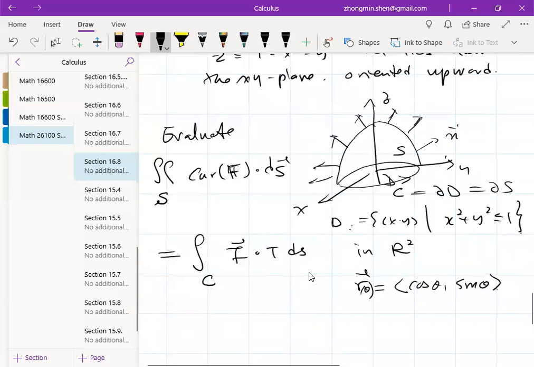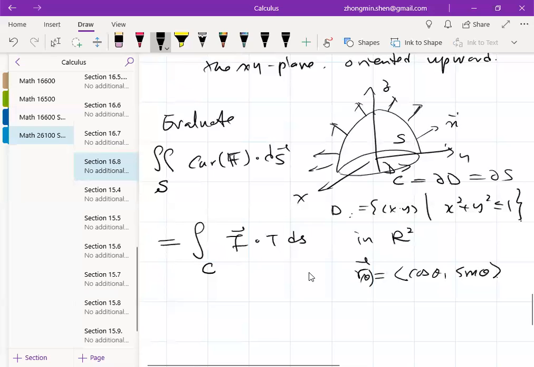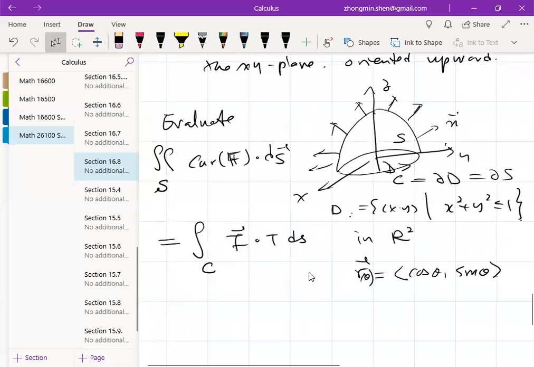Now this integral is the integral over C of F dot dr, if we have a parameterization.